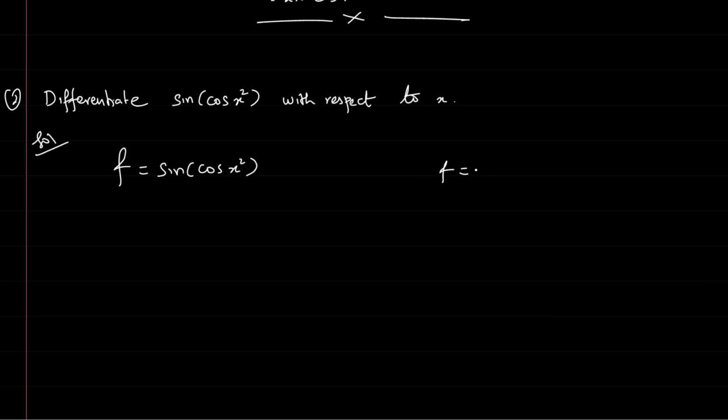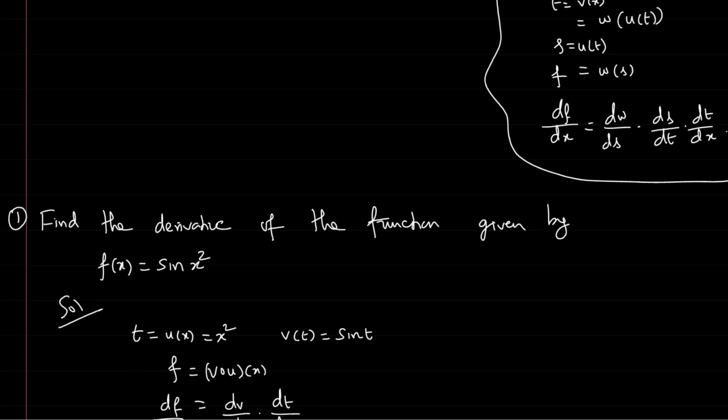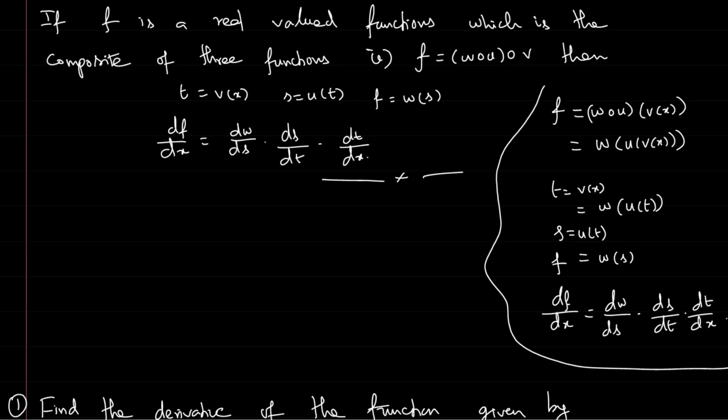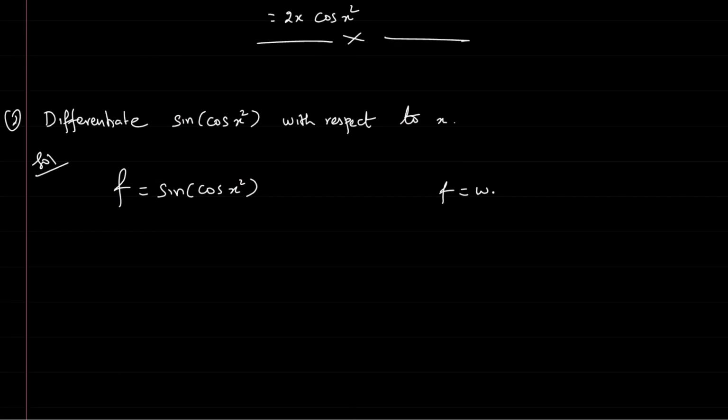By the definition, let me write the definition first. We already saw the composite of three functions. f is equal to w composite u composite v of x. Again, I am telling w composite u of v of x.